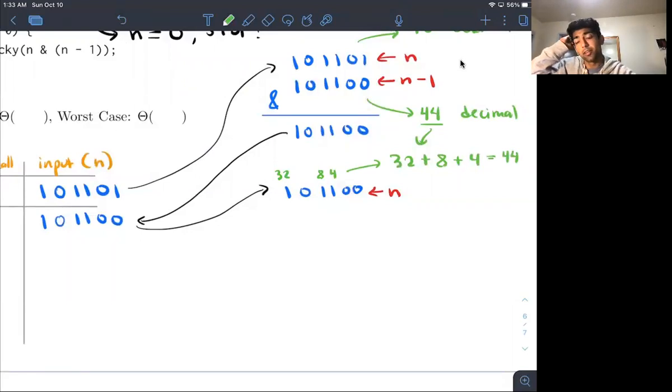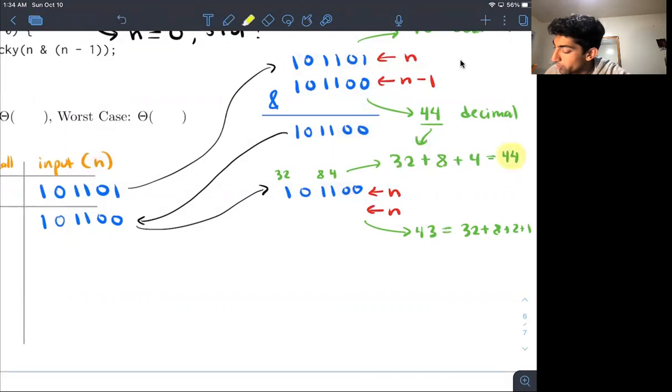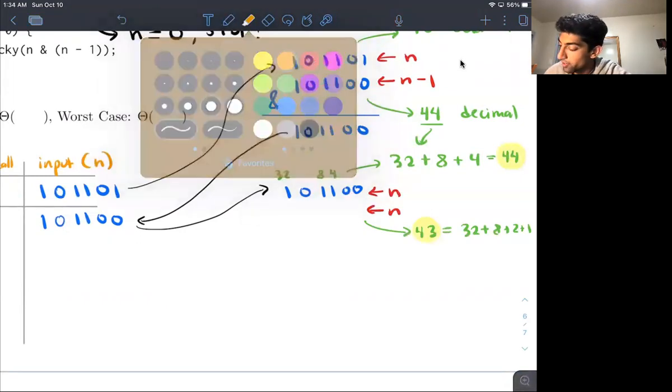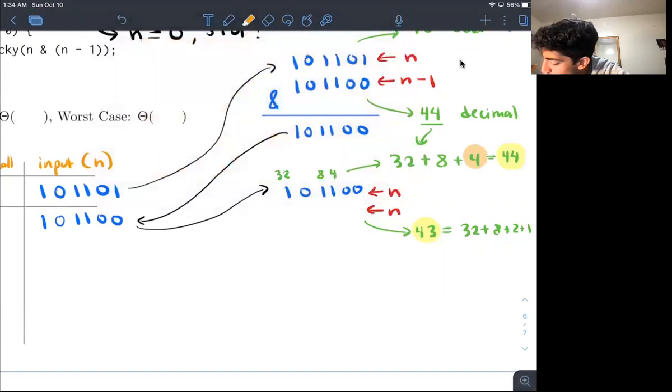So if I look at n minus 1, it should be equal to 43. And I can get 43 by doing 32 plus 8 plus 2 plus 1. What I really want to highlight here is that the only difference between 44 and 43 are the 4 and the 2 plus 1 here. Otherwise, it has that same sum.